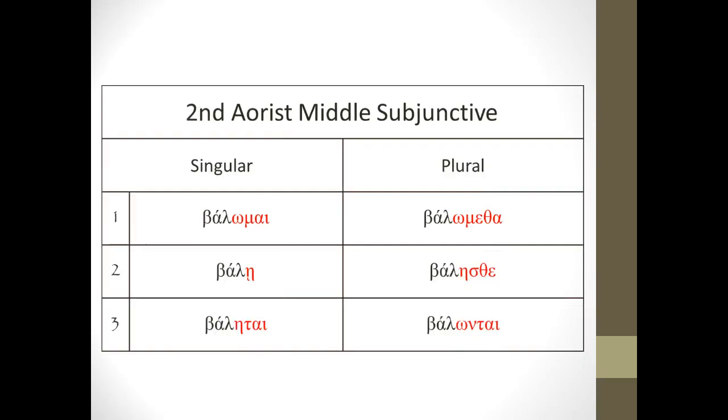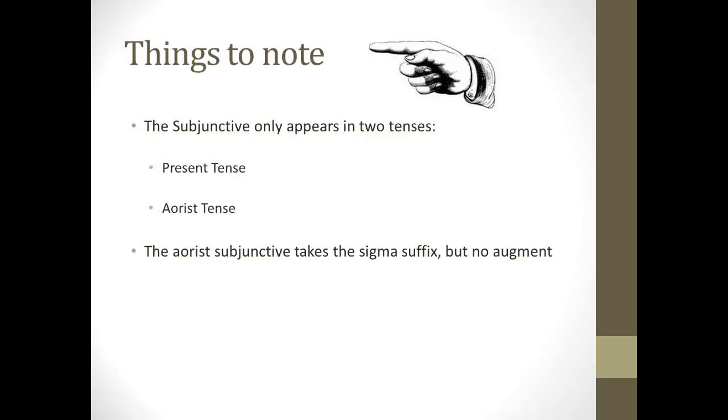Last paradigm is your second aorist, and I think you're getting the hang of this. Once again, no new endings to learn, same endings you already learned for the present middle passive, just the lengthening of the initial vowel. ōmai, ēi, ētai, ōmetha, ēsthe, ōntai, no augment, red flag word will help you. With that in mind, let's take a look at just a few things to note.